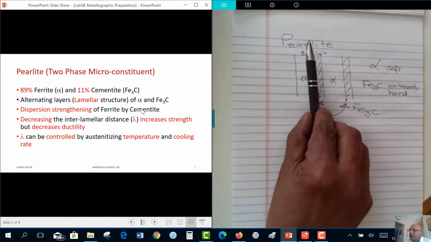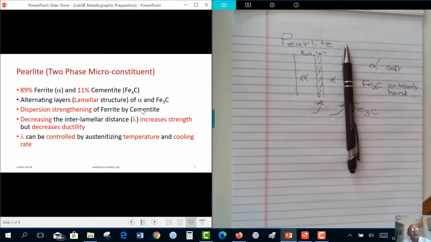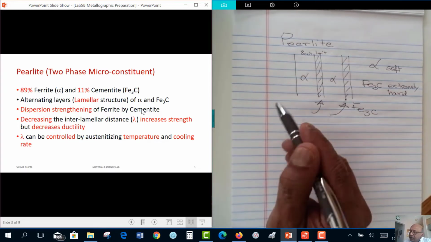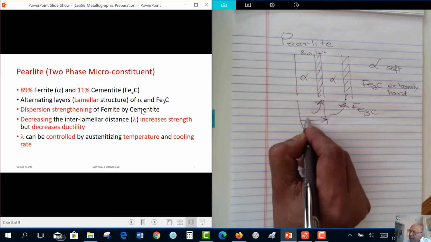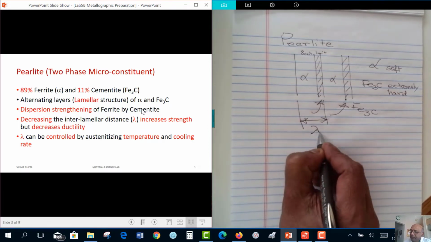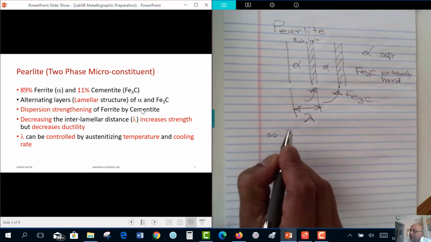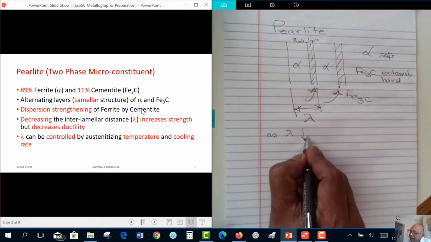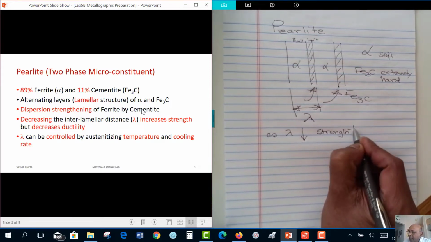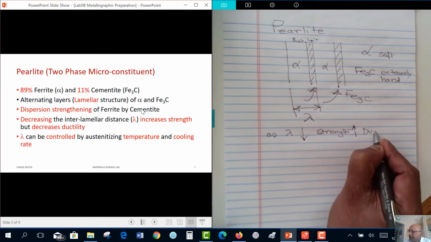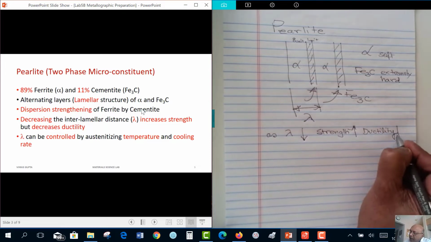So we have 1 unit hard layer dispersion in a soft matrix. So this width, 1 layer of each, is called interlamellar distance, lambda. So if we decrease lambda, we make the dispersion finer, we increase the strength. And of course, the price we pay is ductility, so ductility decreases.